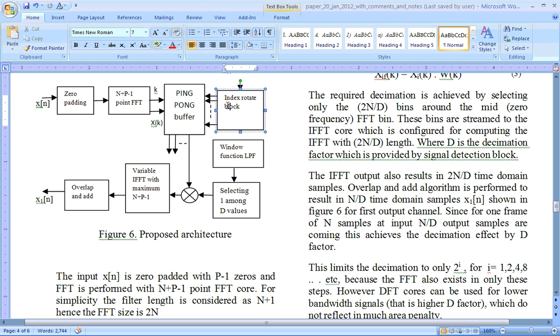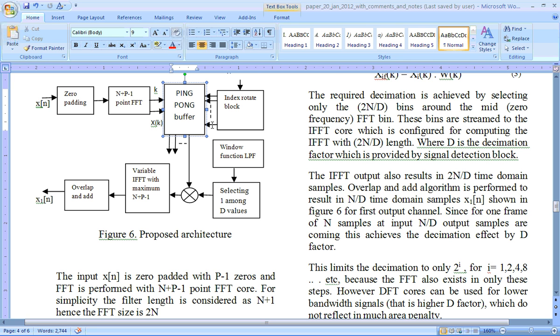Okay. So whatever the index values it gives, whatever the frequency values it gives, it could be directly applied for rotation, or sometimes, depending upon whether that frequency value is falling on the positive or negative side, you have to slightly map it one to one and give it as the ping pong buffer rotation value.